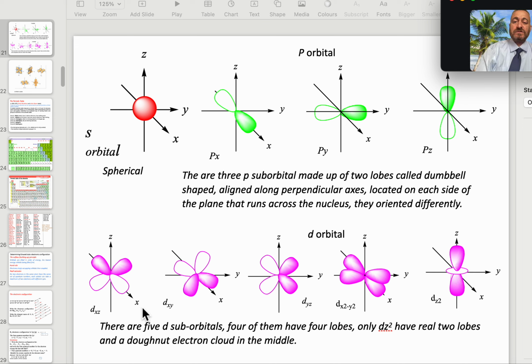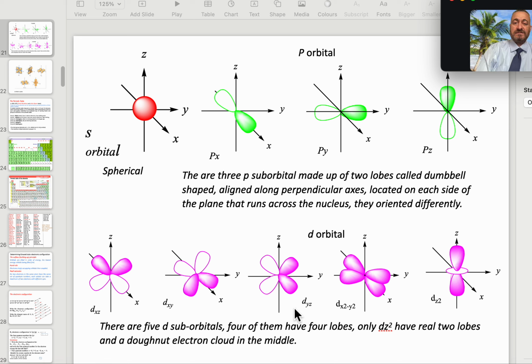So the alignment of these 4 loops: if we call the first one dxz, it means the 4 loops are aligned on the x and z. So see, 2 loops on the x and 2 loops on the z. dxy, they are in between. The 4 loops are in between the x and y, in the middle.